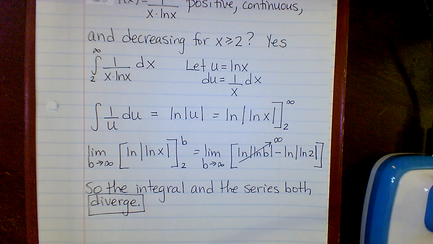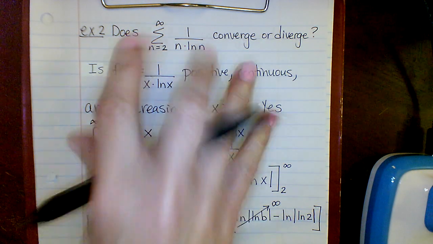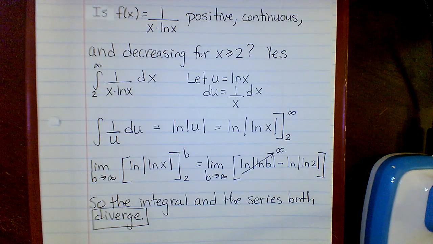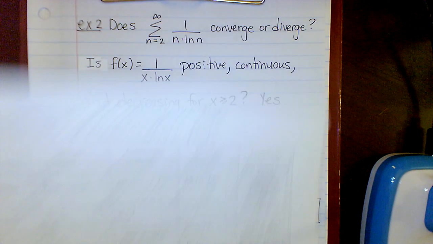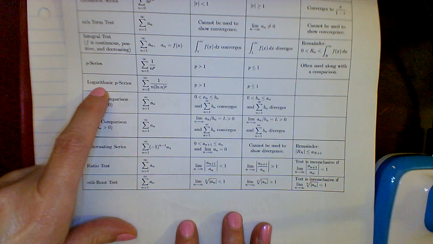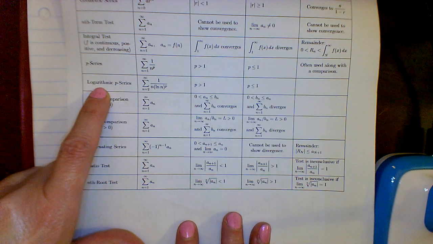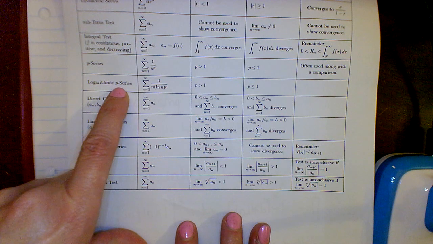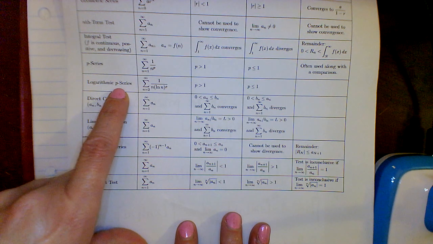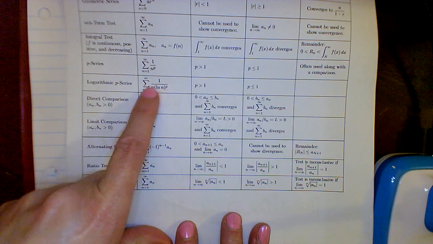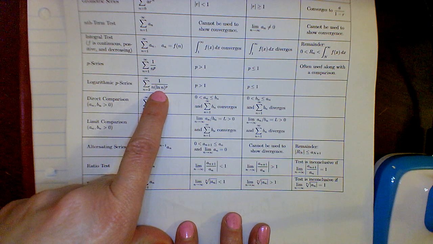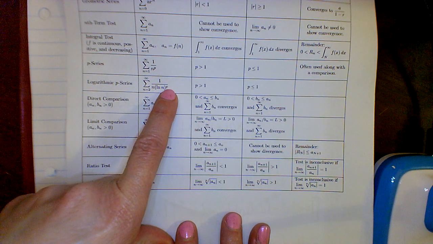Okay, so we saw how to do this using the integral test, but check it out. This is a very specific case of a logarithmic p-series. Those are the ones that have 1 over n times ln n to the p power.